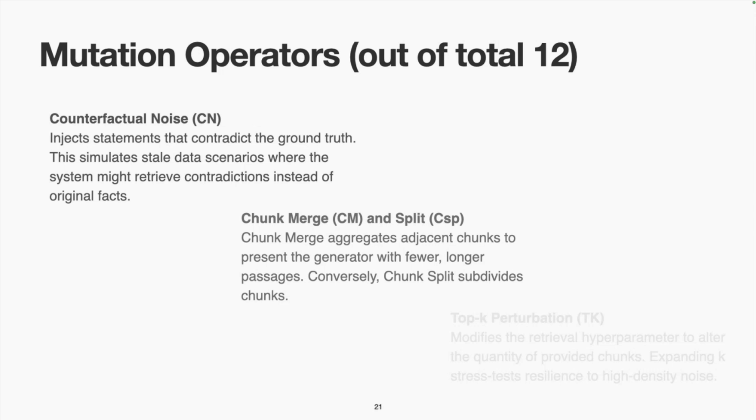The second one is called chunk merge and split, which means that I mutate the retriever itself by changing its hyperparameters, because there are parameters for how to merge chunks and how to split chunks. I adjust the value a little bit, and I expect that usually the LLM should be consistent with such a small adjustment of the hyperparameters.